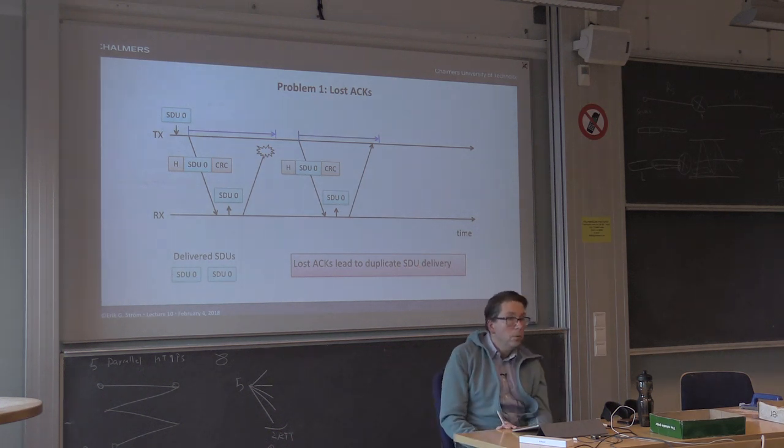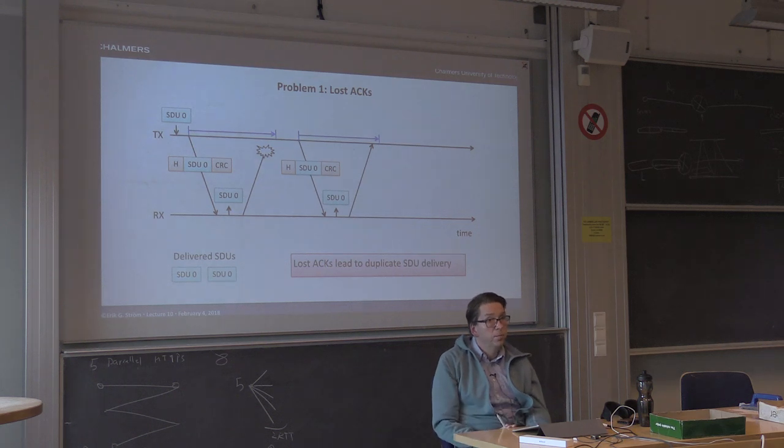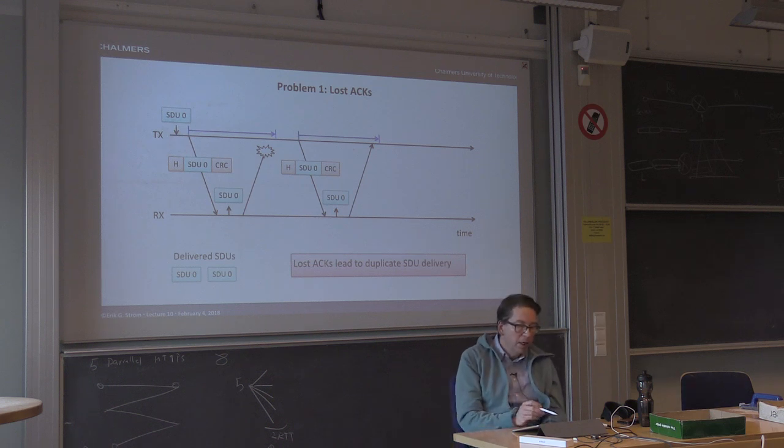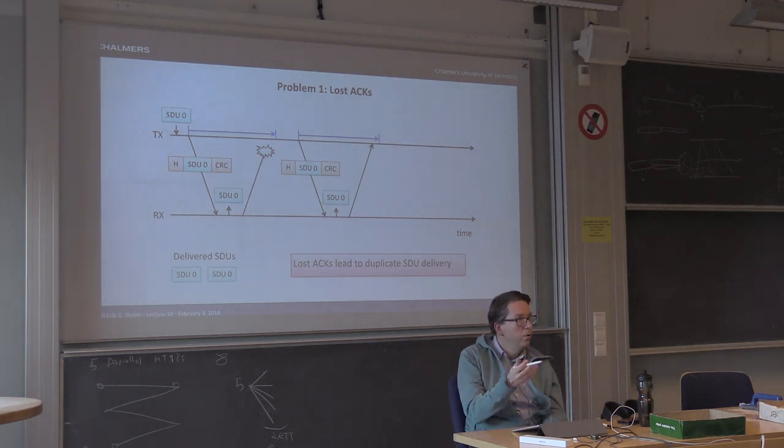Okay. So how can we protect against this? Put information in the header. Yeah. So we need to put some information in the header. Sometimes I get the suggestion, well, if you see the same service data unit twice in a row, you know it's a duplication, so you just don't deliver it. That's bad thinking, right? Because how do you know what the service data unit should look like?